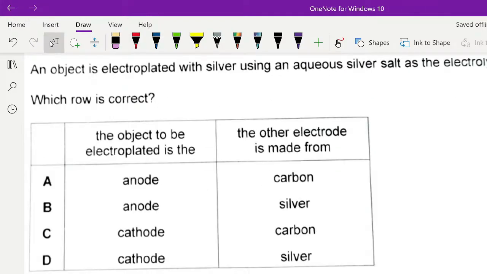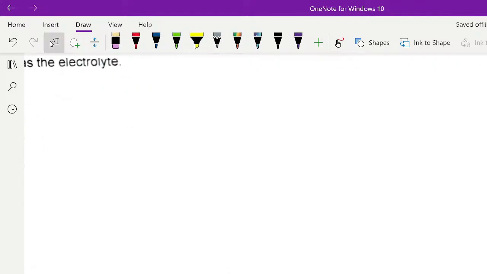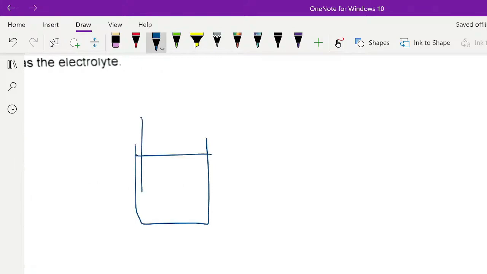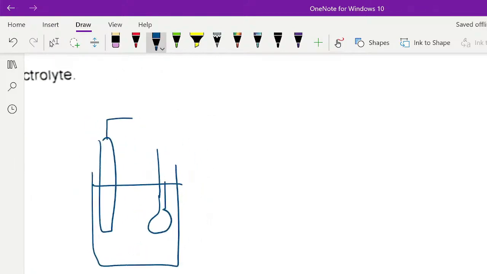An object is electroplated with silver using aqueous silver salt as the electrolyte. Which row is correct? So let me draw. Let's say I have a spoon. Now here I have silver nitrate.